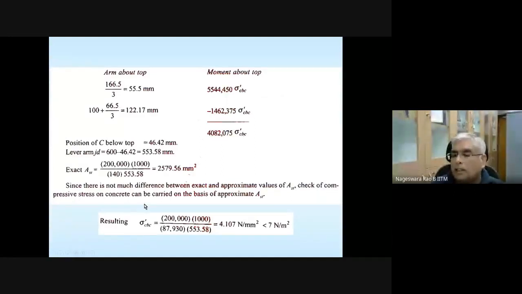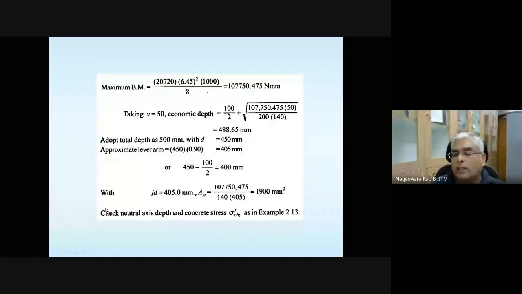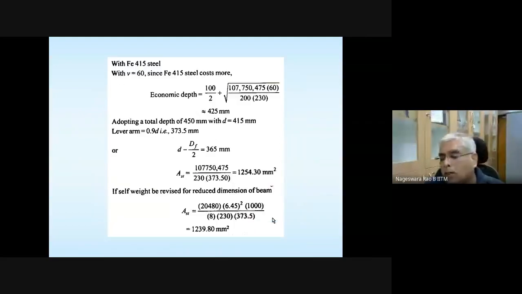Finally you need to check whether stresses are within the permissible limit. If anything is violated, you need to repeat the design. So that is how you need to proceed. That is what is mentioned here. Check the neutral axis depth and concrete stresses as in the previous example, and the same calculations are repeated with Fe415 steel. You can go through it, okay?